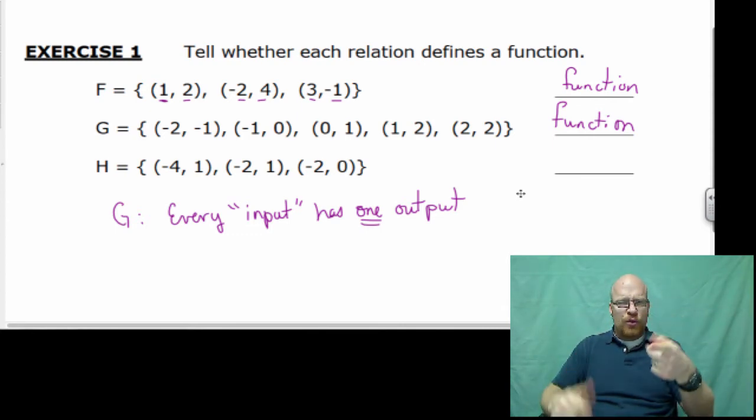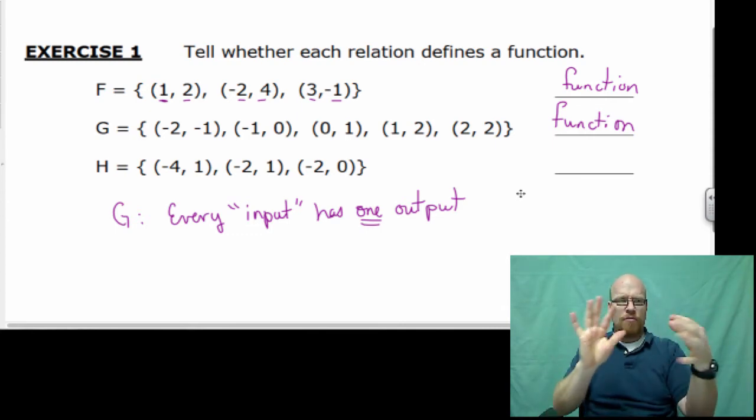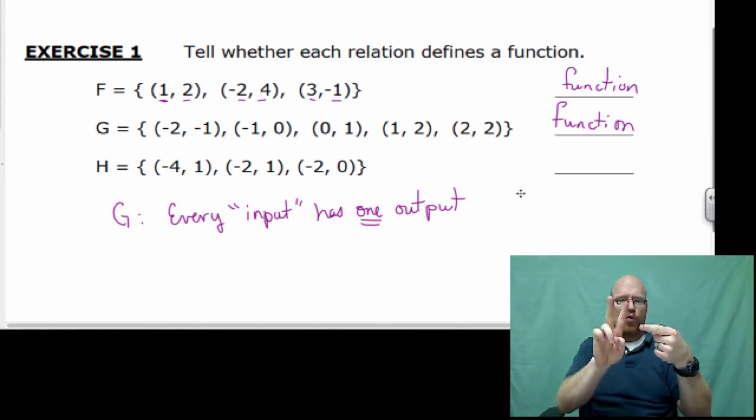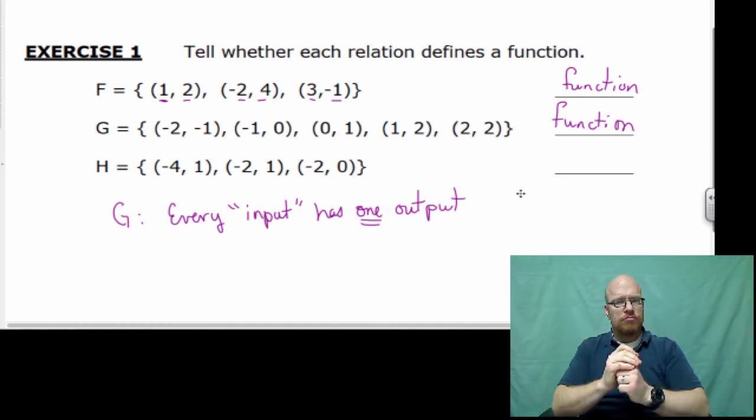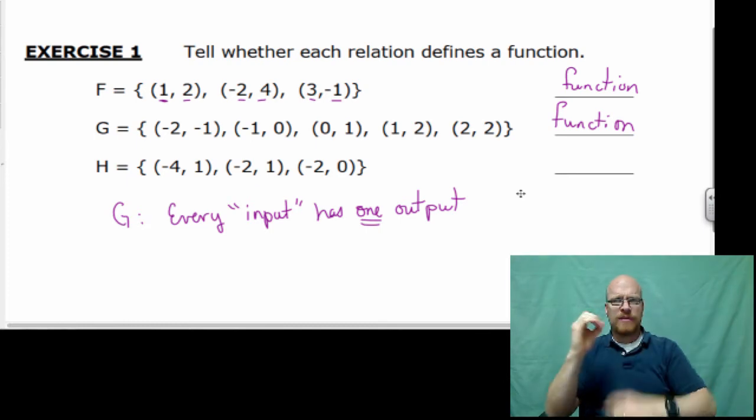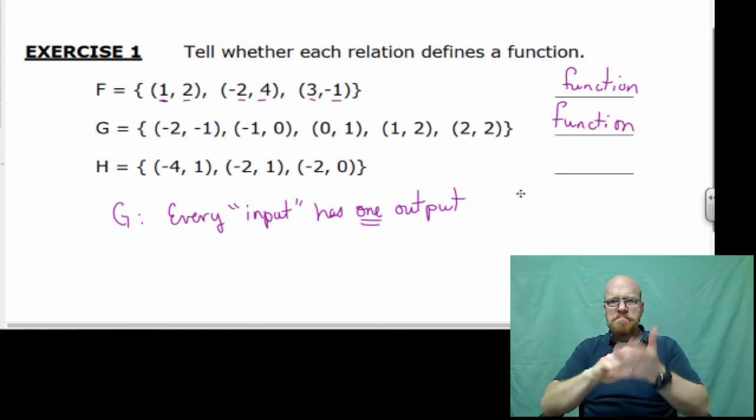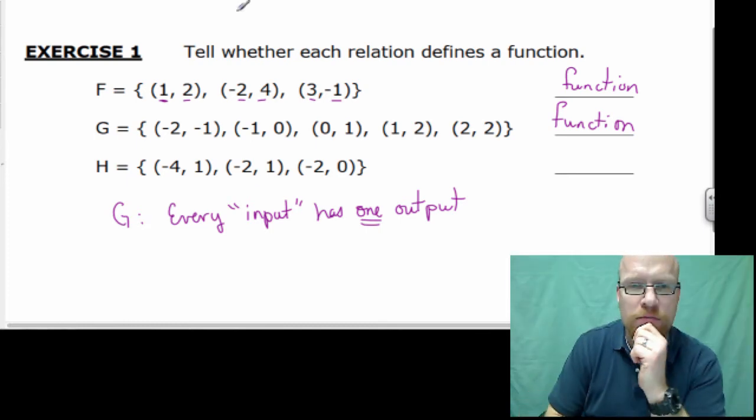Now look at h, the relation h. We have -4 gets connected with 1. -2 goes to 1. We're okay there. -2 goes to 0. Something wrong with that. Hold on.